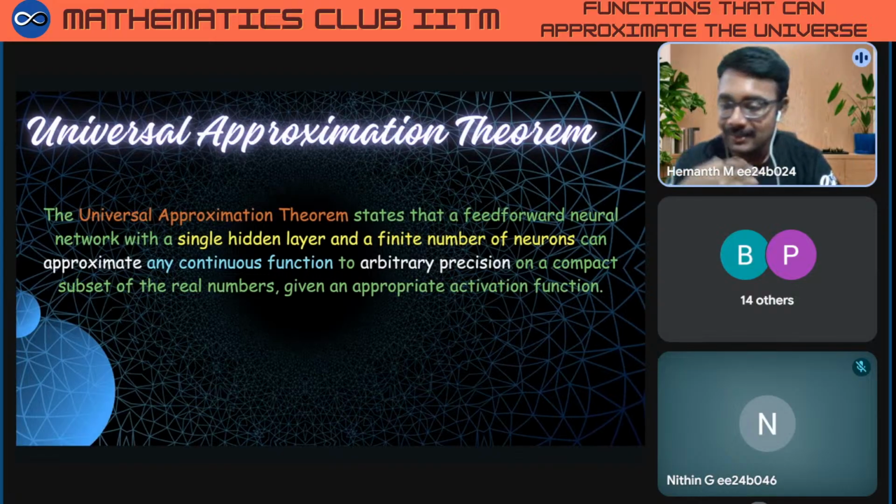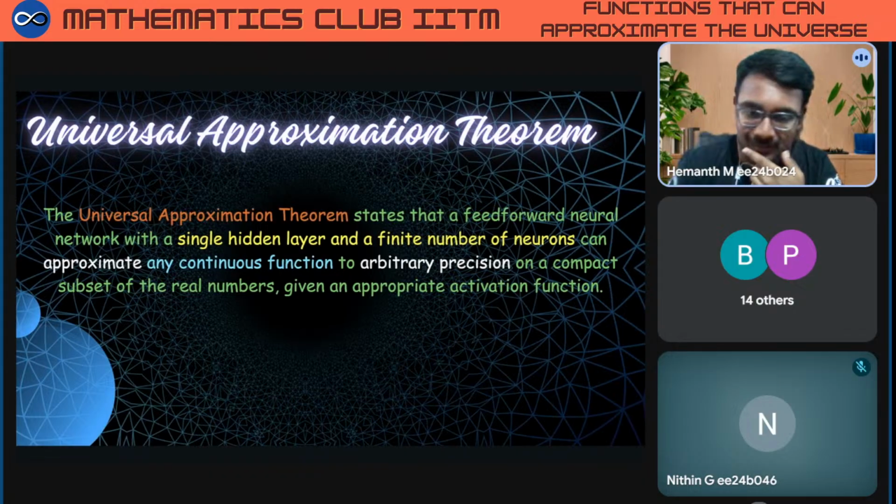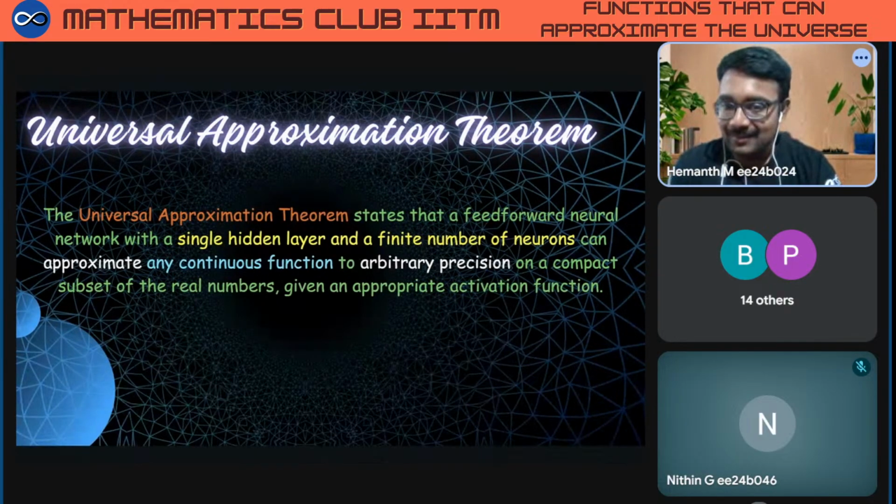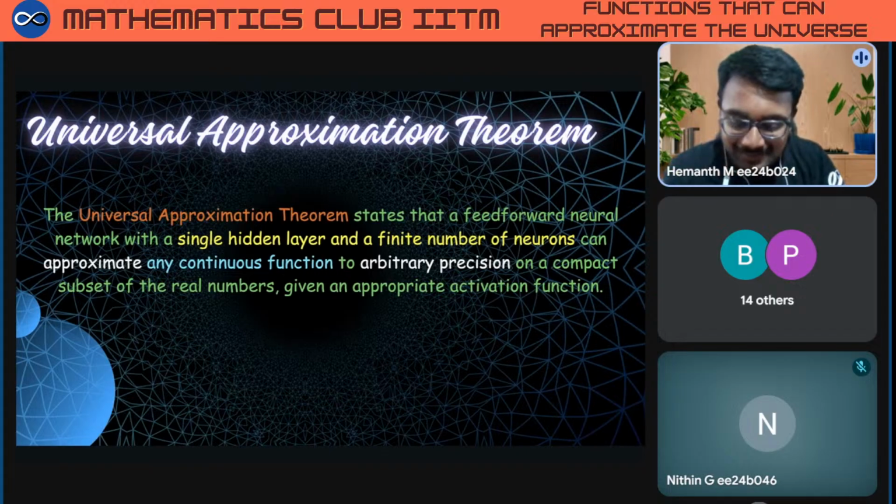Like, how did they believe that training such a network will even learn such a function that we want? How did they believe that such a network can learn something like handwritten digit classification? How did they even believe that? That belief came from this theorem, that a neural network can model any continuous function. So that is why this theorem is so powerful and important.